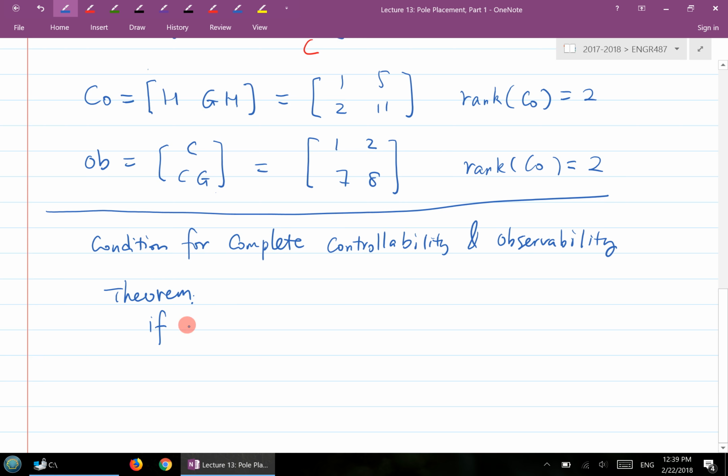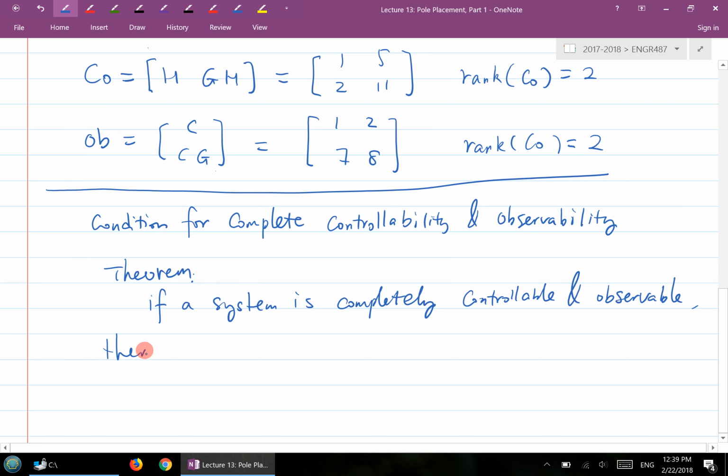If a system is completely controllable and observable, then there is no pole zero cancellation in the pulse transfer function.